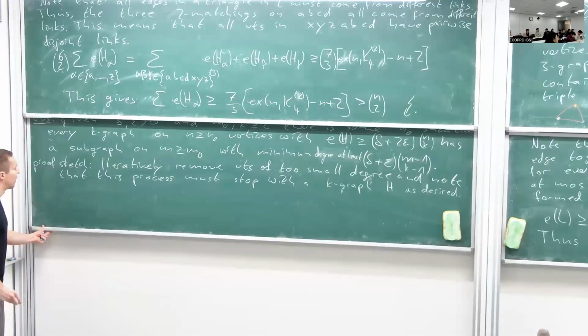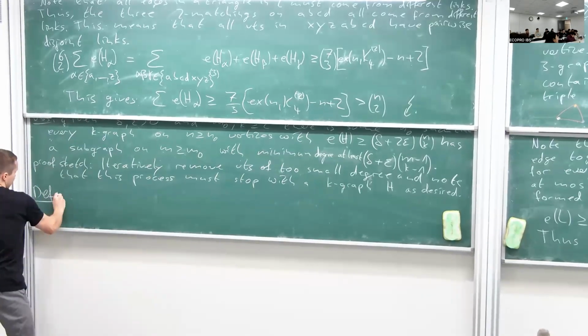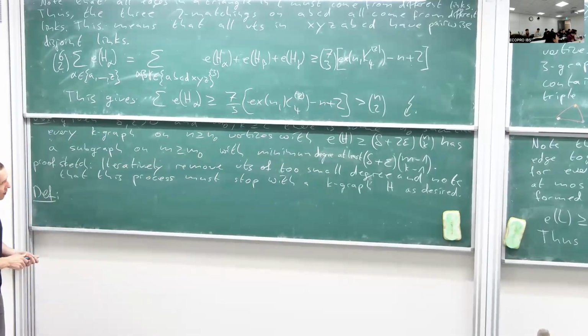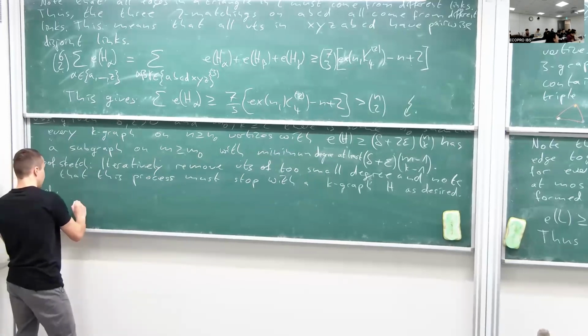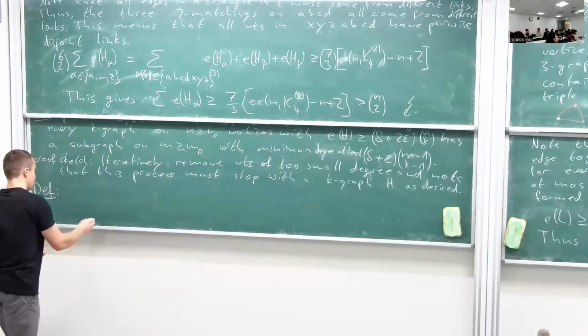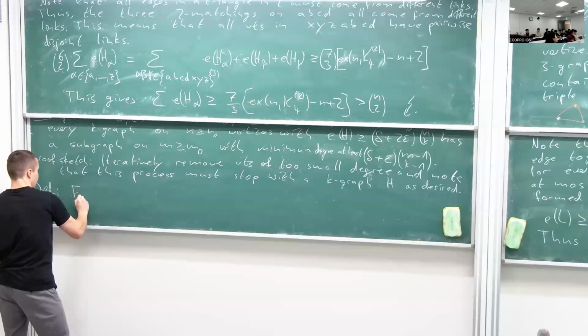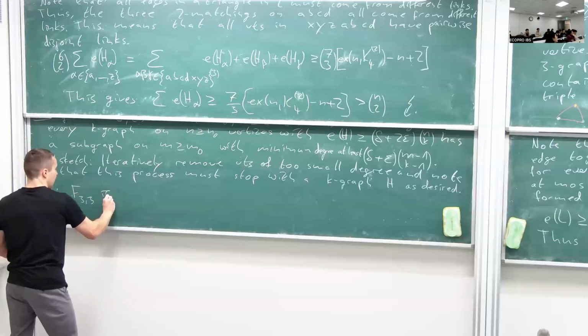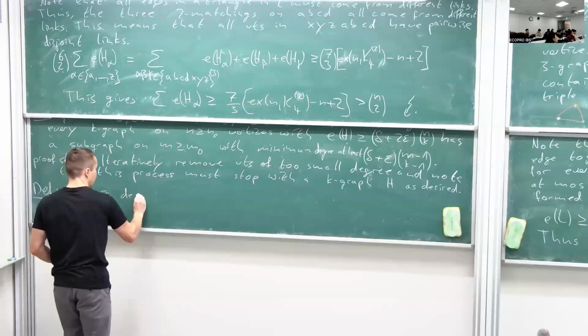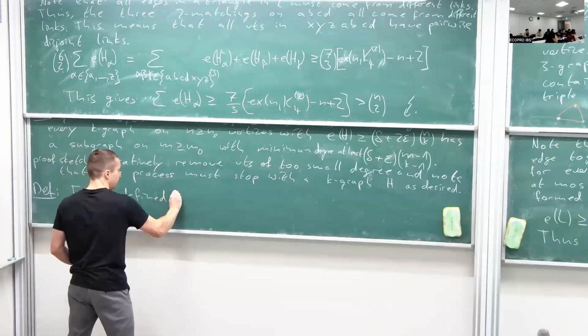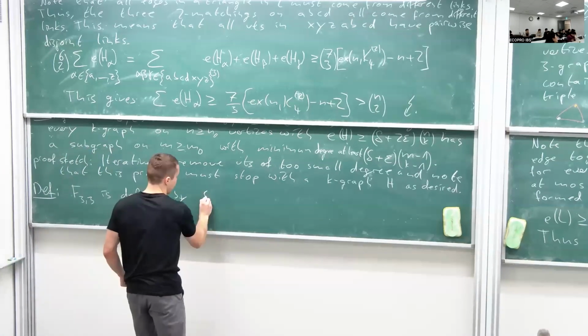So let's now look at the next k-graph for which we want to determine the Turán density. This so-called F33. So F33 is defined. Okay, so we have 6 vertices.